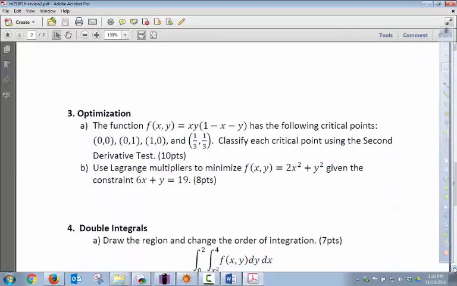Optimization problems would be finding critical points and classifying them. I know on the quiz I asked you to do this, and you didn't have a sheet of notes readily available, although a lot of you were able to get it. Now you can write down your second derivative test and make sure you know how to do it. Also, write down a couple of examples on how to find critical points.